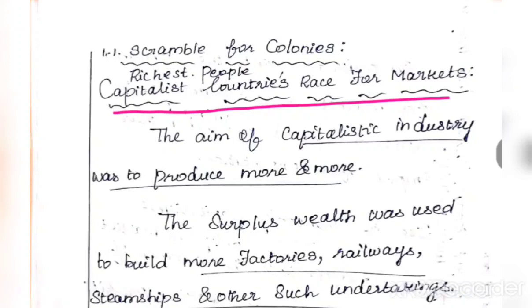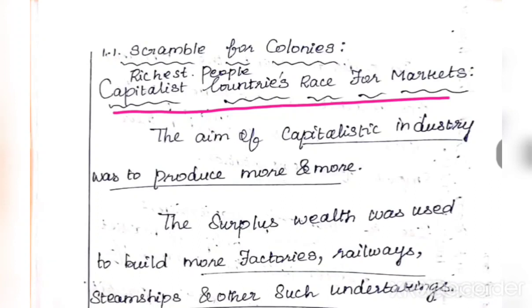Under the heading, what is given is that the aim of the capitalistic industry was to produce more and more goods and commodities. Who has to produce? European countries, capitalist countries, Britain, France, Russia, America. Those countries had the aim to produce more and more goods.